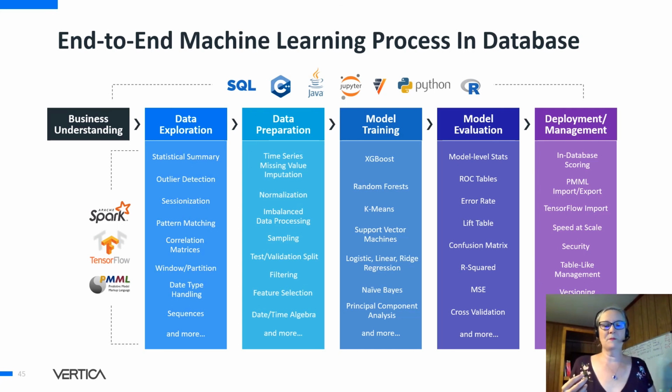Spark, we even have a really nice connector to Spark. So if you want to take your RDD and you've done some of your data prep, you've pulled all your data sets together, done some joining and transformation and things like that in Spark, we can pull it right from the RDD into the database, and that makes your life easier. Or you can do a lot of the querying and training and things like that on external data.